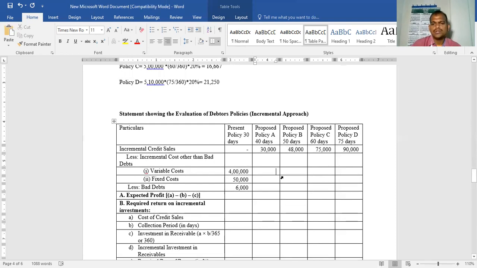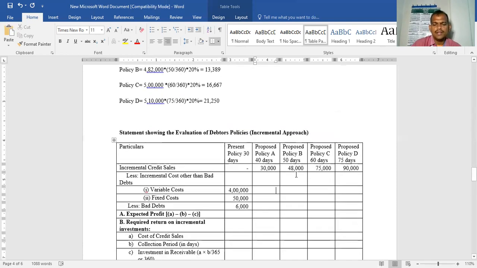Coming to variable cost, how much is increased if sales increase to 6,30,000? Meaning for additional 30,000 sales, how much is the variable cost? According to the output of production or according to the sales, variable cost varies.